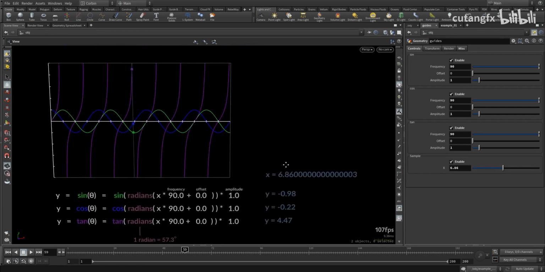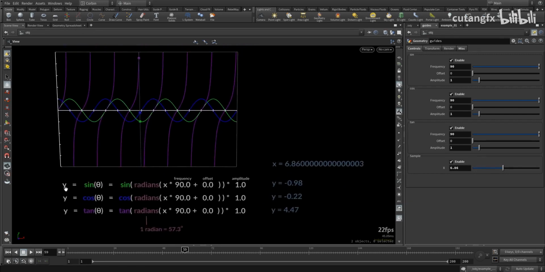So here is my y result, the result of sine, cos, and tan, if my x is this. With an x value of 1, then my sine is 1, my cos is 0, and the tan is just a crazy negative number. Okay, so it's way down at the bottom.